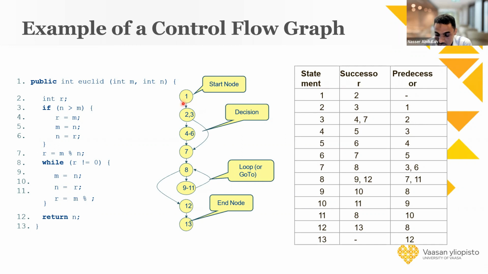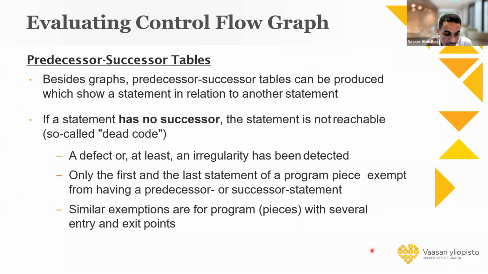In each sentence, with the exception of the first one and the last one, there should be a sentence before, which is the preceders, and a sentence after, which is the successors.